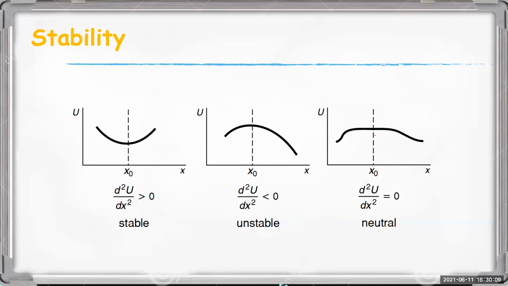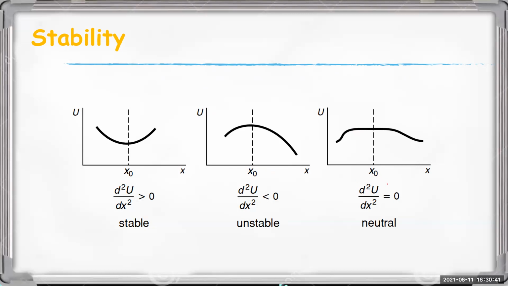And here, the potential energy at that point is high and constant, but if we displace the system from the equilibrium, its potential energy does not change further at this point.